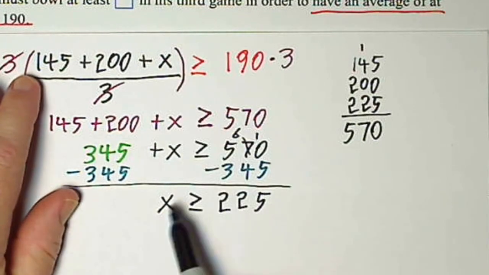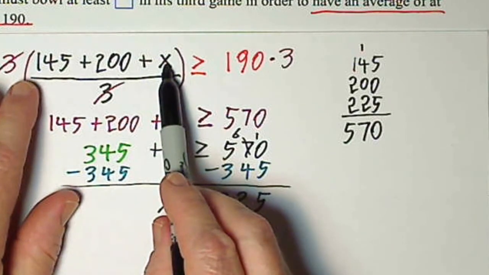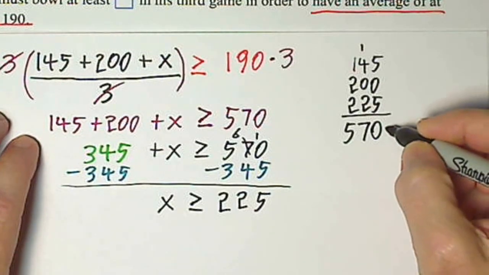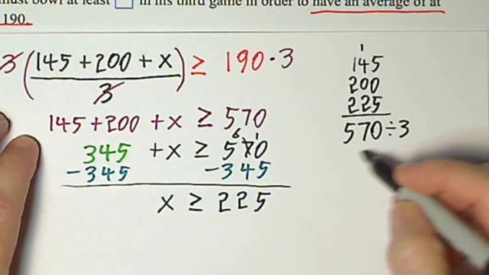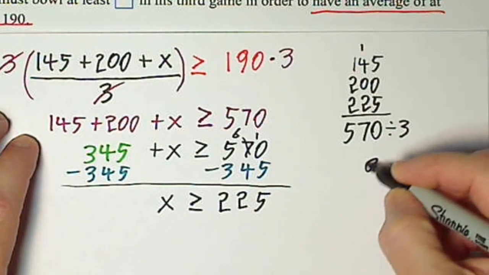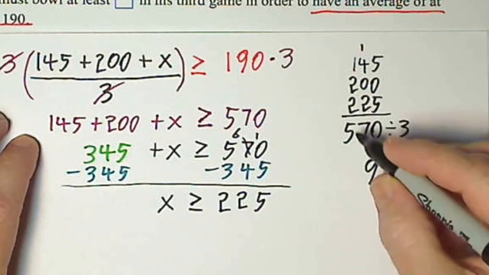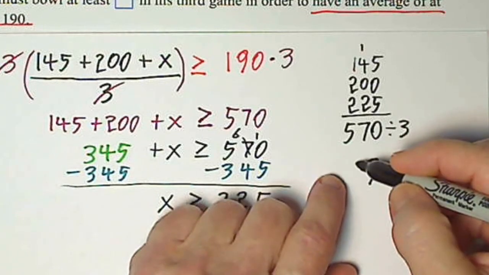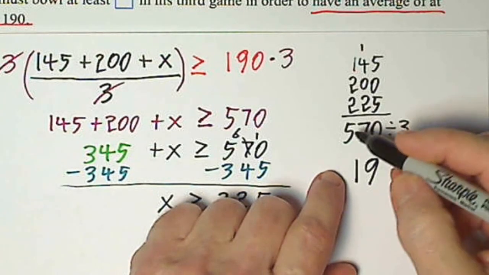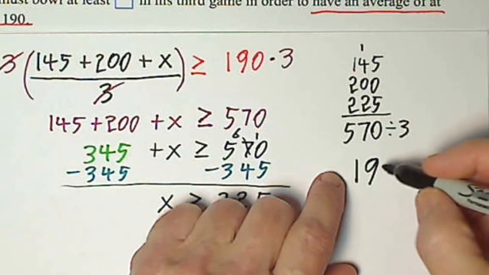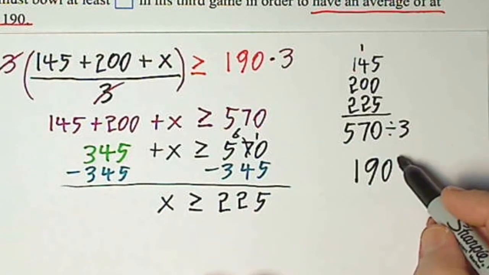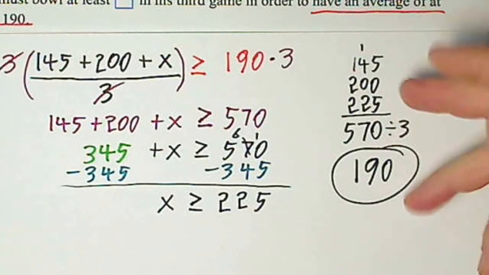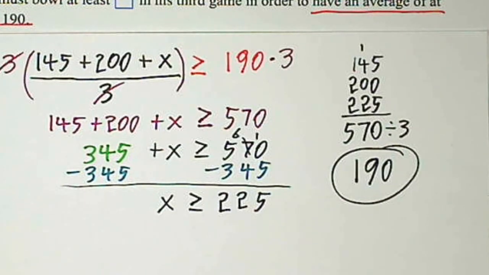Our value for x is 225, so we would plug it in there. We would add these 3 and then divide by 3. So 570 divided by 3. 3 goes into 5 once. 3 goes into 27 9 times, and then our 0. So we ended up with a 190. Sorry if my checking was a little hard to follow, but it's accurate.